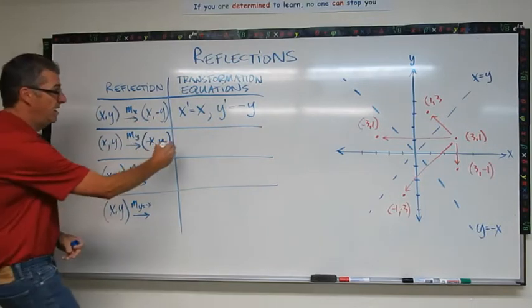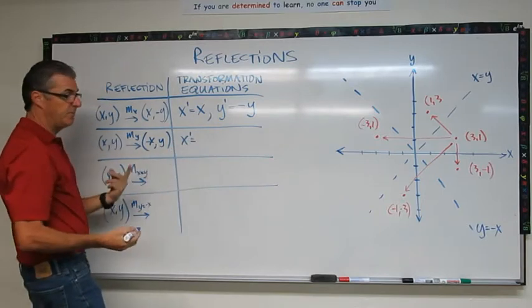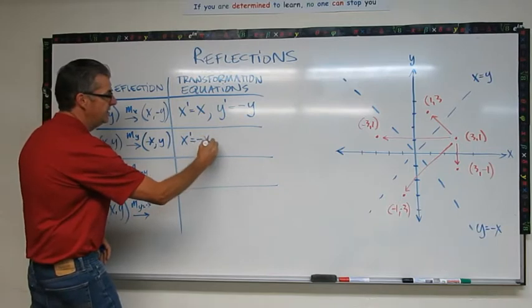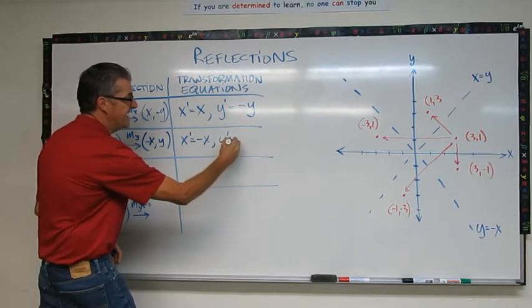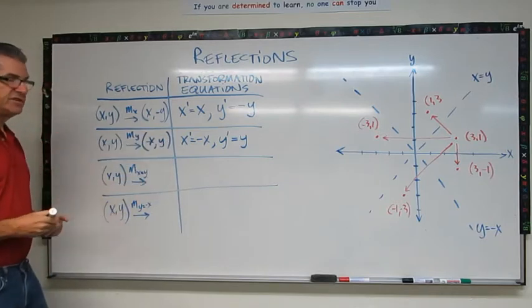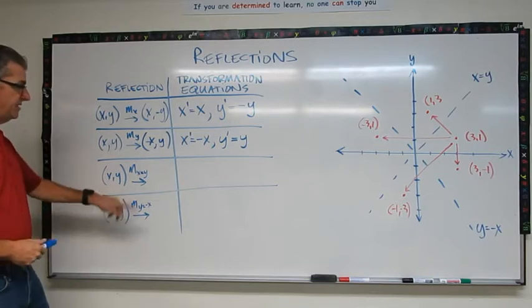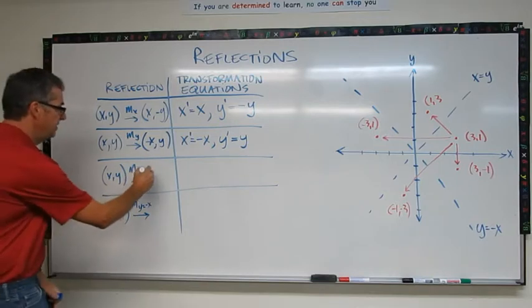So now x prime, the x coordinate of the reflected point, is going to be negative x. Now y prime is going to stay the same as y. Okay? So fairly similar, just the action happened on the x coordinate instead of the y coordinate. Now these two are a little bit more complicated. Let's take a look.